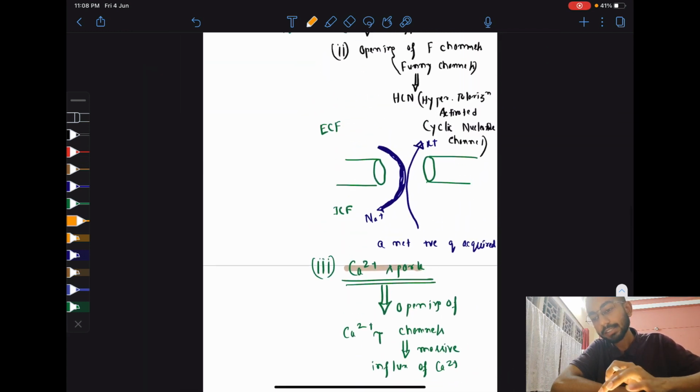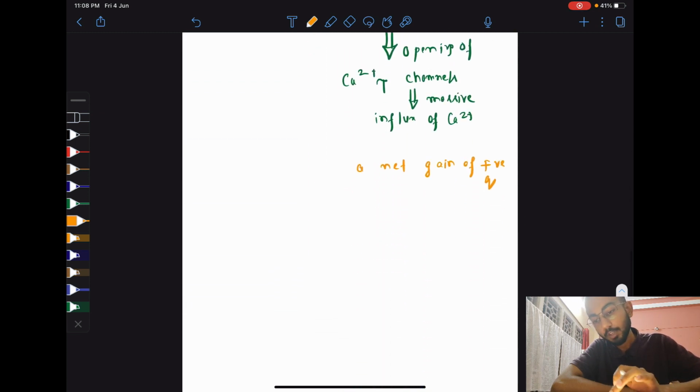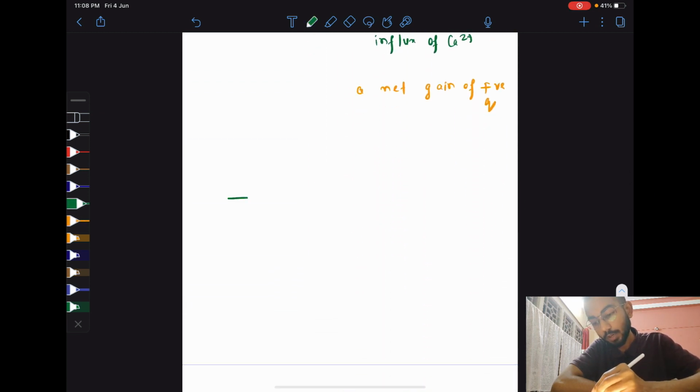So what we saw is in these 3 factors there is always a net gain of positive charge, isn't it? So this net gain of positive charge is what will enable the spontaneous movement of the resting membrane potential from minus 60 millivolt to minus 40 millivolt in SA node and AV node.